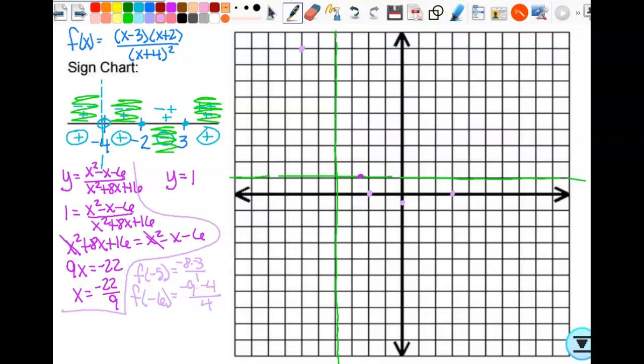So I also need to find f of negative 7. Just move over one at a time, because if you think, oh, I'm going to jump over a couple, you might have something else that's actually not very helpful, because things can change kind of quickly. So negative 7 will give me negative 10 times negative 5 over 9. So that gives me 50 over 9.